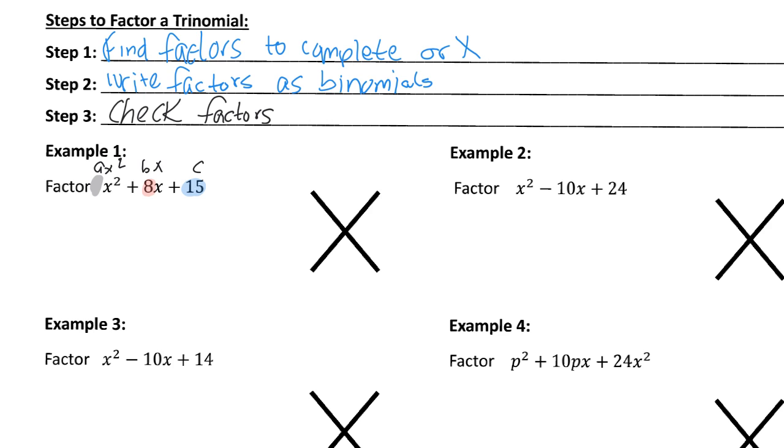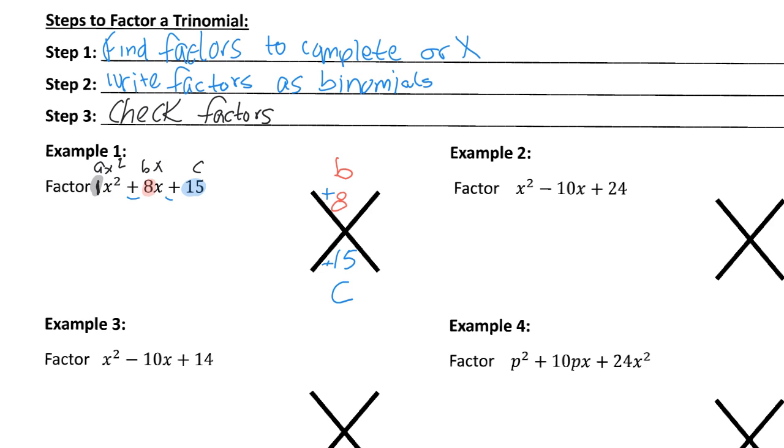Keep in mind if there's no number written in front of the x squared, there's that implied 1 there. In our sum puzzle, our b value goes in the top part of the x. So I'm going to put an 8 here. Our c value goes down here, and I'm keeping the sign since they're both positive. My numbers in here are both positive. Okay, if it helps, write positive.